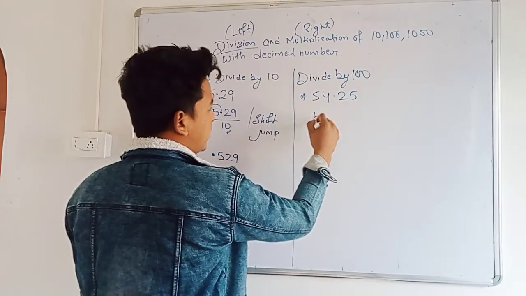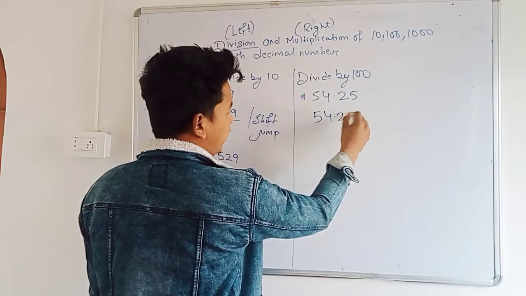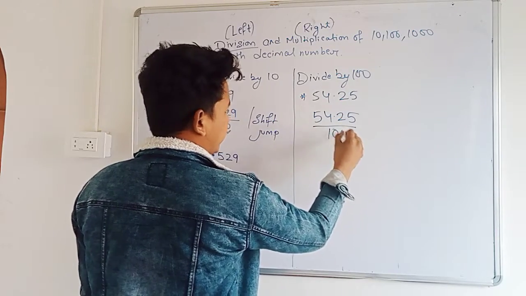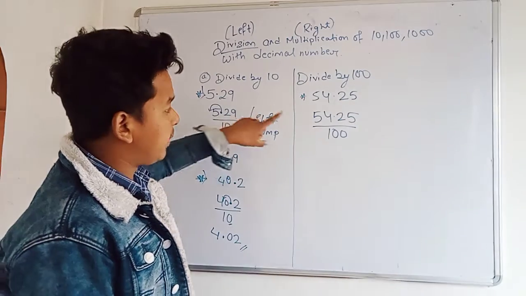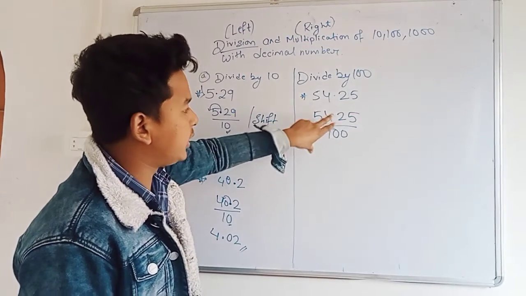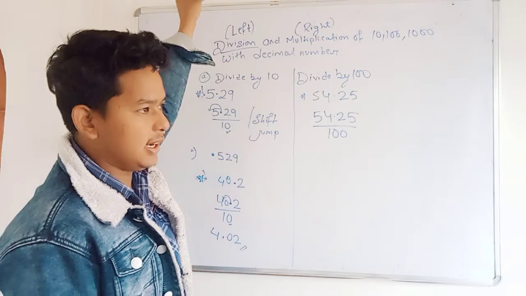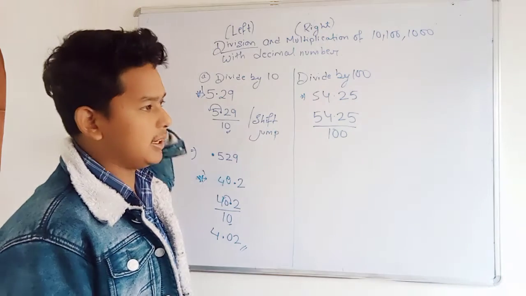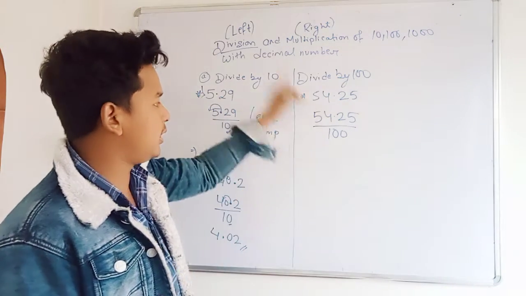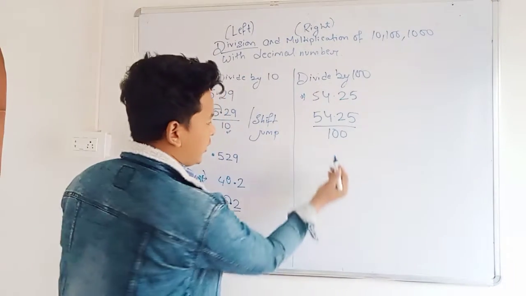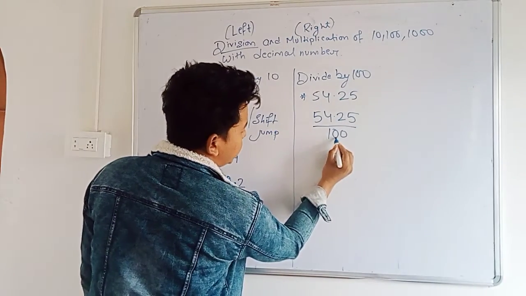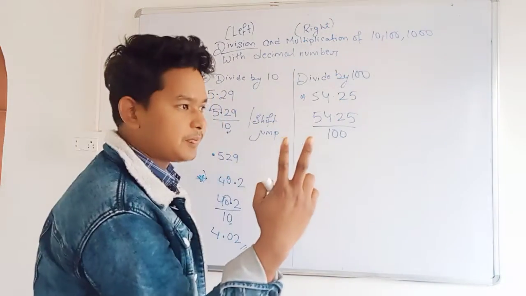Next step is divide by 100. Now, you have to keep in mind that whenever we have to divide, the decimal will jump to the left side. But how many digits? Now here count. How many zeros are there? 2 zeros are there.